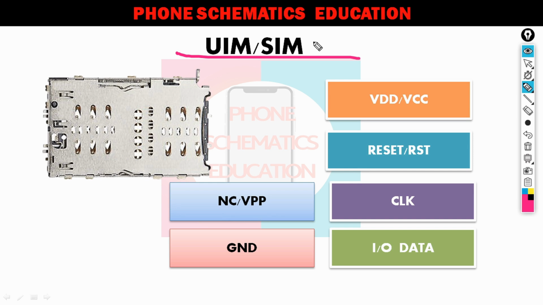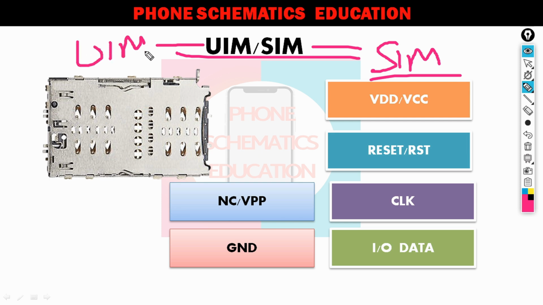In daily routine, on a normal basis, we call it SIM. This is SIM, everybody knows. In schematics, you will see UIM, so don't be confused. Both are the same words. UIM means user identity module, and SIM means subscriber identity module. Both are the same. Clear? First thing.